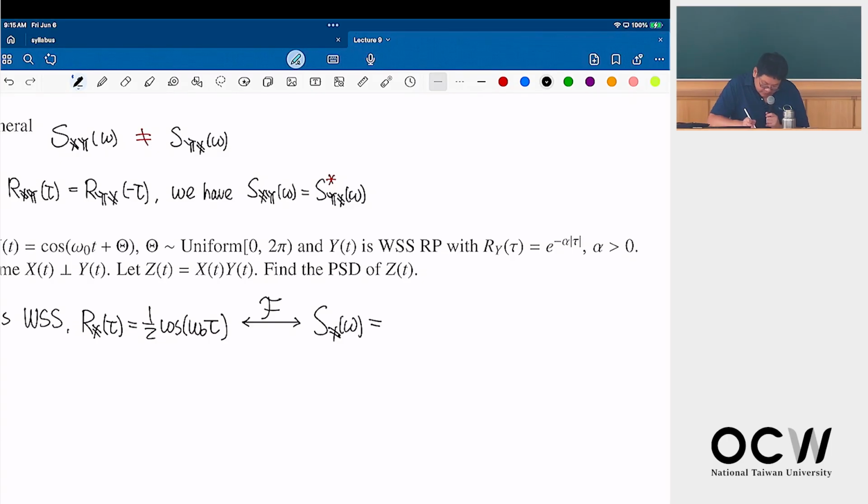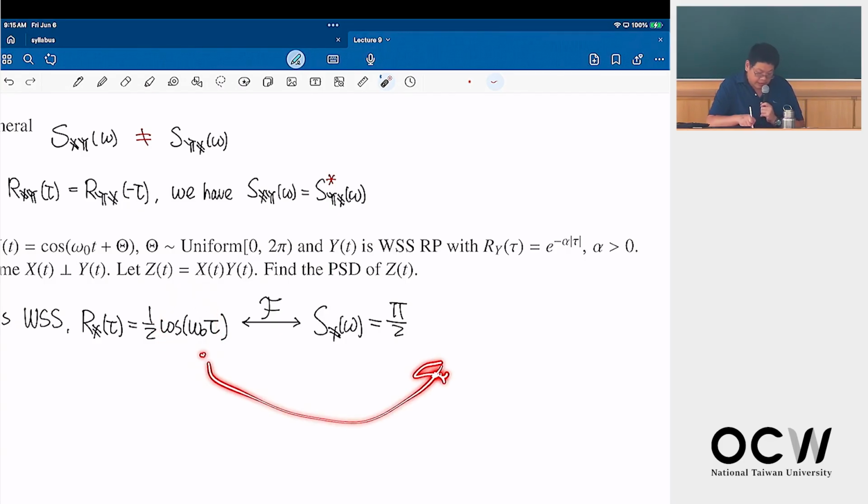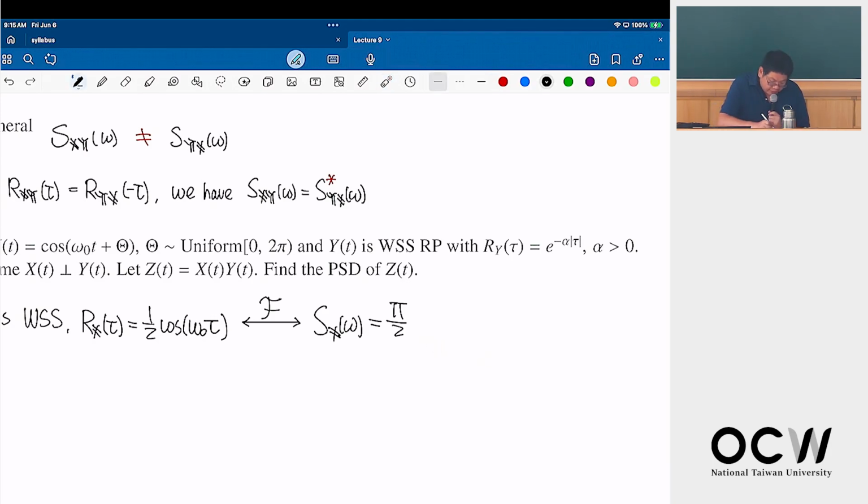So the spectrum is, if I have a cosine in time domain, in frequency domain it will shift to the right and shift to the left, and the magnitude will be half of the original one. So pi over 2 times delta function omega minus omega naught plus delta function omega plus omega naught.